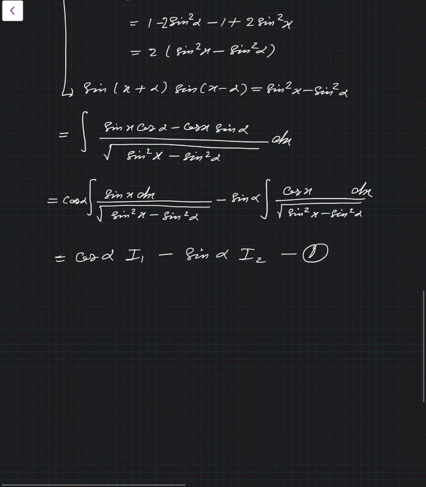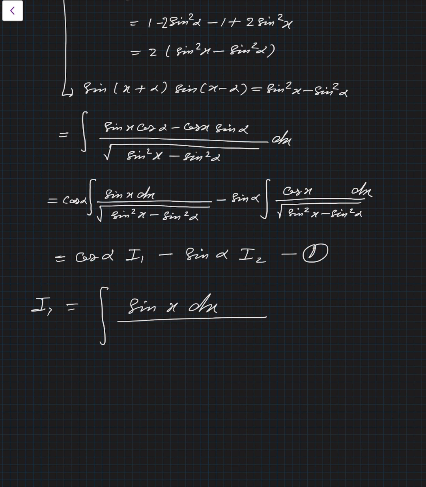Okay, now so first of all solve I1. Here sin x dx divided by, in denominator, that value is written as 2 1 minus clear.